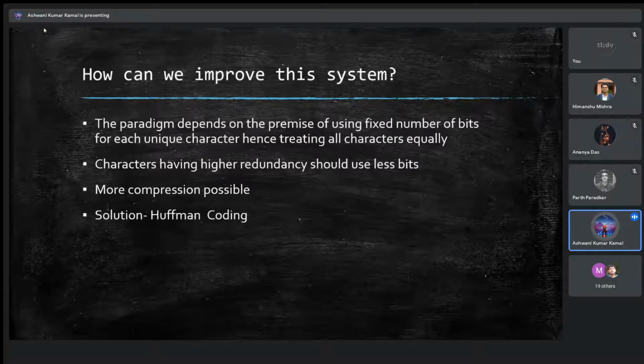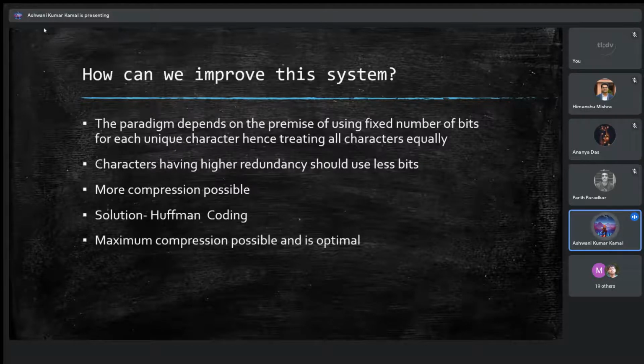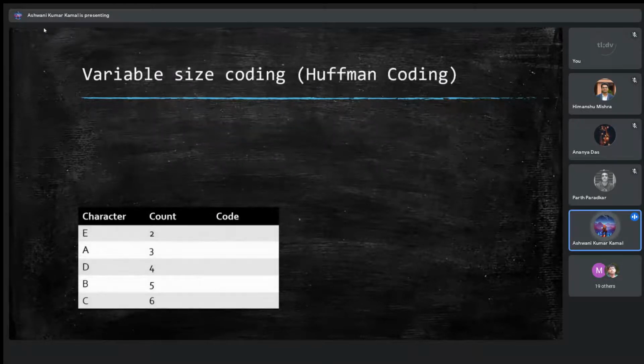And one such algorithm which achieves this is Huffman coding, and it can achieve the maximum compression possible with prefix codes, and it is an optimal algorithm. So let's take a brief introduction to how this algorithm works with the same example.